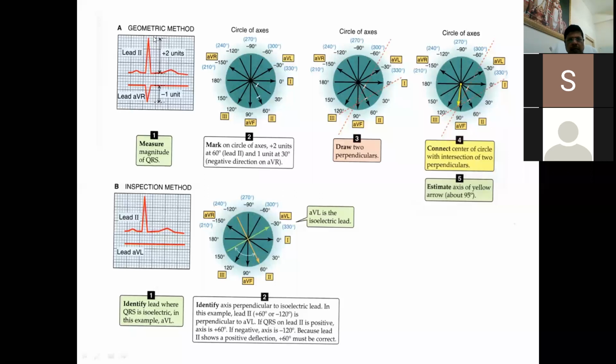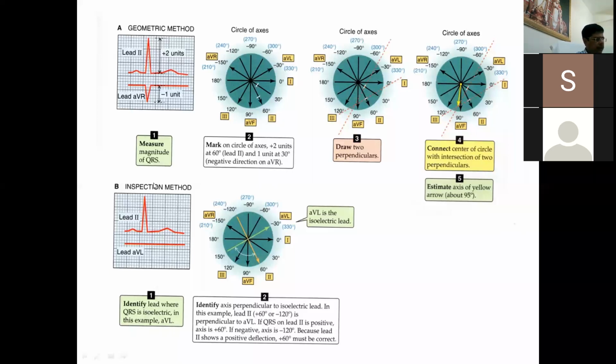If you see in the slide, you have two methods.